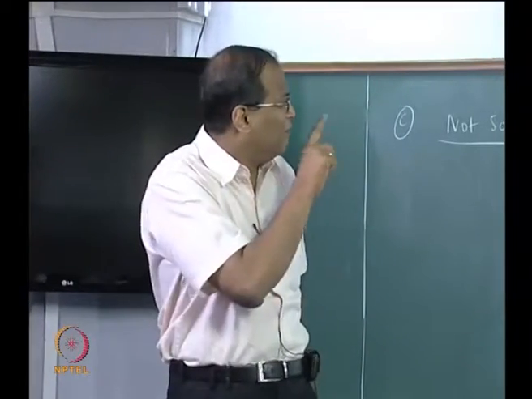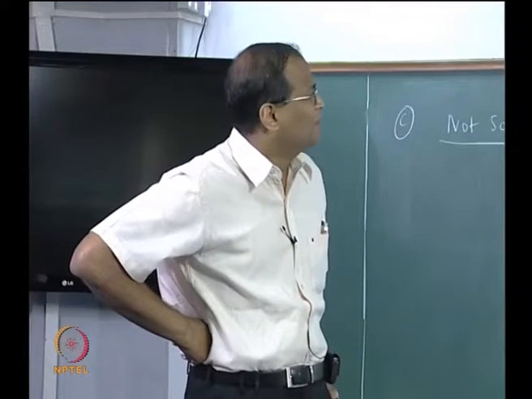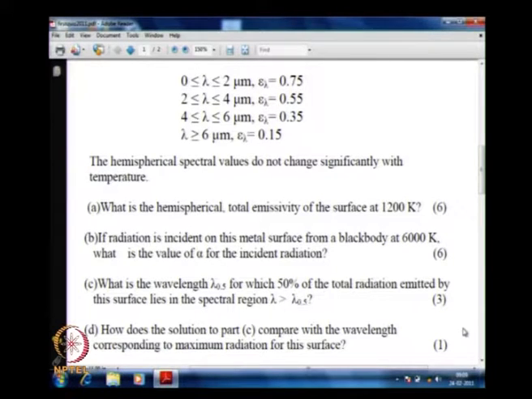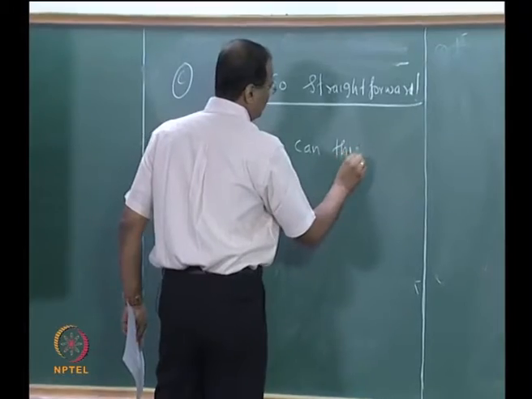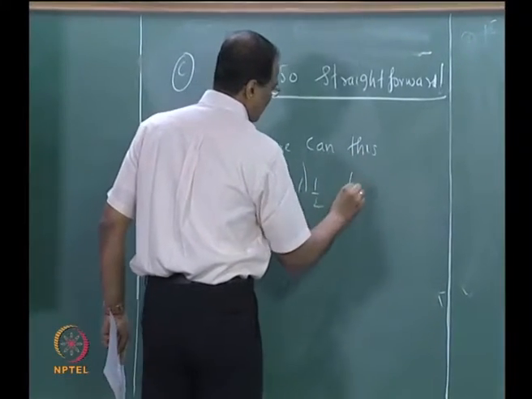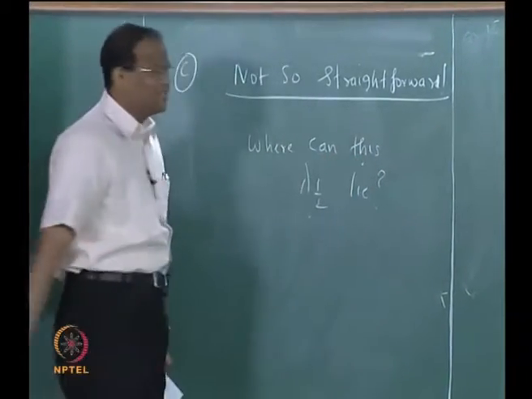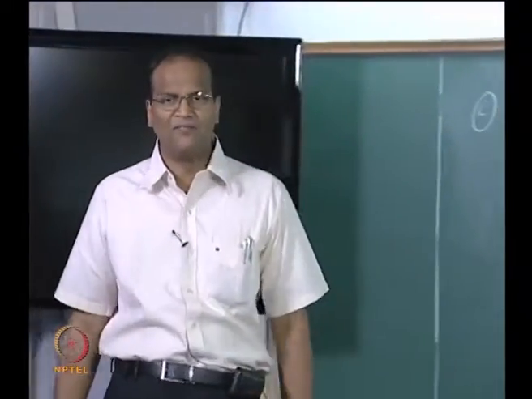Suppose I make it very painful: 0 to lambda less than 1.2 is 0.75, 1.2 to 1.8 is 0.7168. If I do it like that, you are finished. So where can this lambda half lie? What is this lambda half?